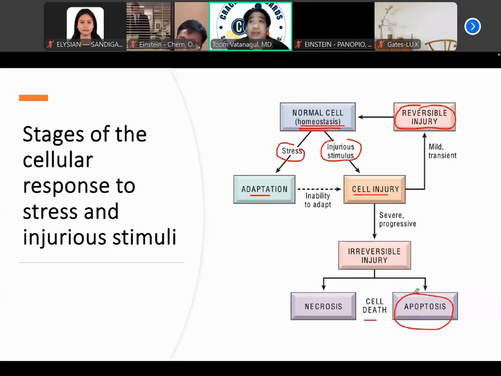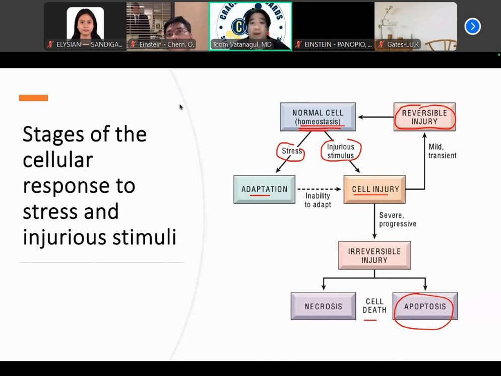There are cells that have a time limit. They have a lifespan that once they reach this number of days, number of hours, or number of weeks, our body will now trigger such cellular mechanisms that that cell will die. Okay, so that is the programmed cell death.